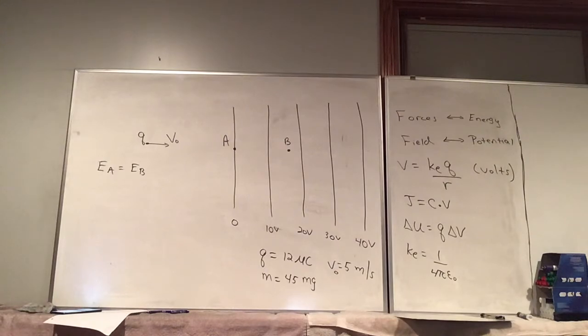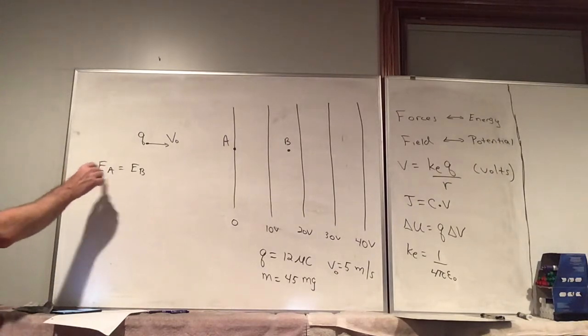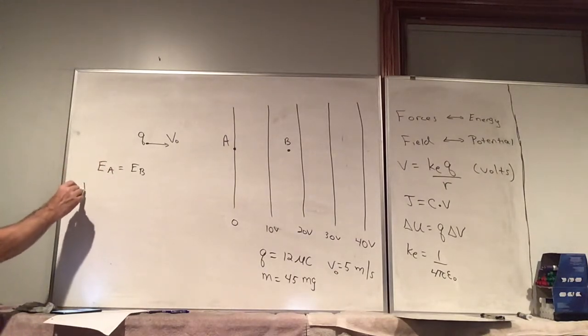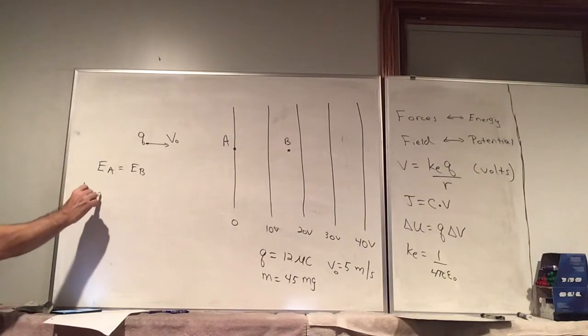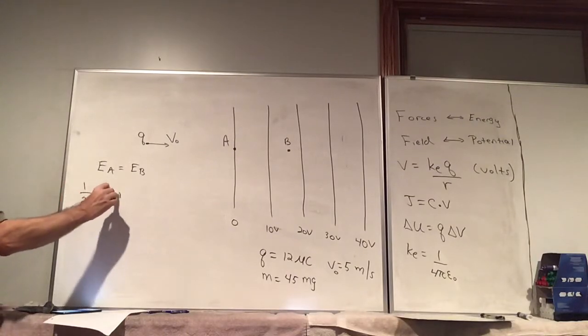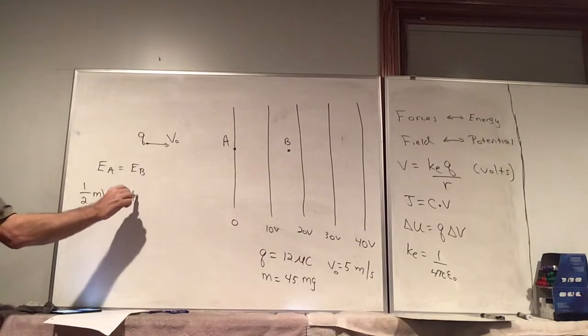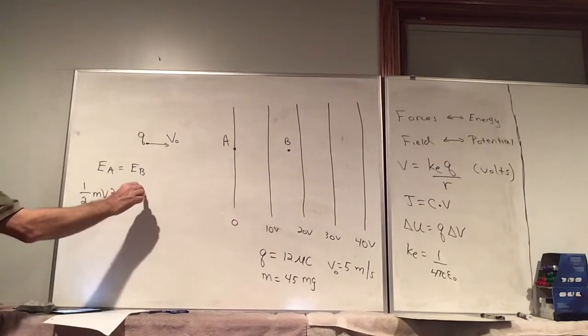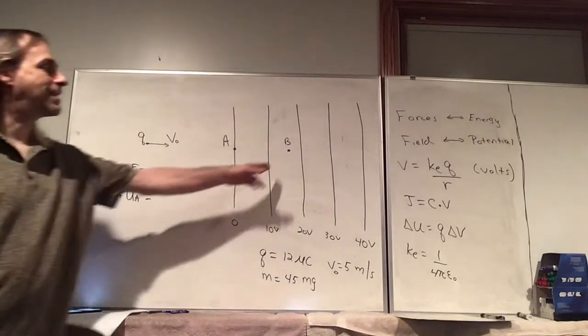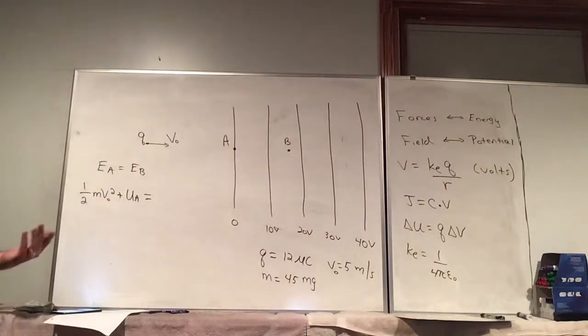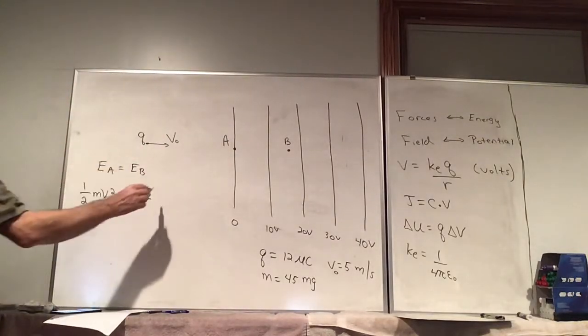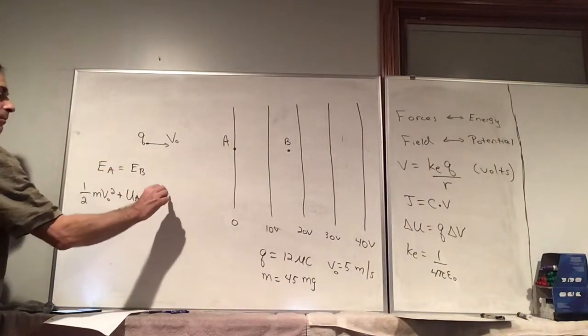We're talking about mechanical energy here, where at point A we have kinetic energy plus whatever the potential energy at point A is, and we're saying it stops at point B, wherever point B is, so the kinetic energy is 0 there.